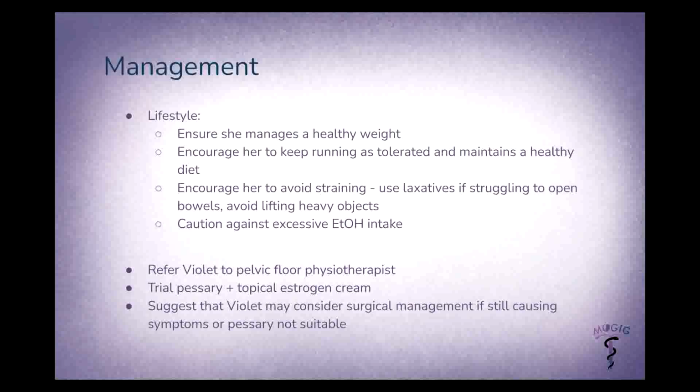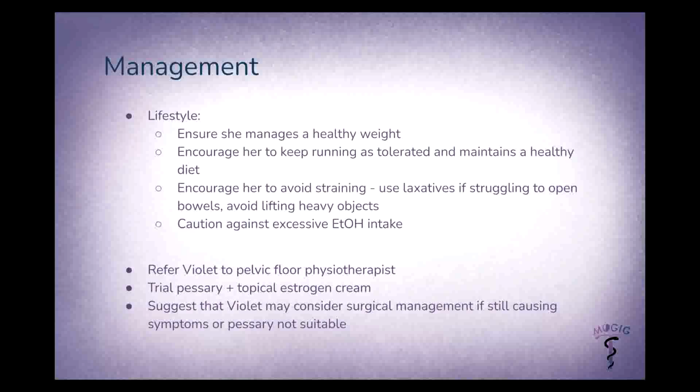For prolapse, it's really important to split up management into lifestyle, pharmacological, and surgical intervention. To start off with, it's really important that we think about our SNAP-W interventions. Maintaining a healthy weight will try and keep any extra pressure off of her pelvic floor and make it more manageable for her. We say that she should still keep running as tolerated and ensure that she maintains a healthy diet.